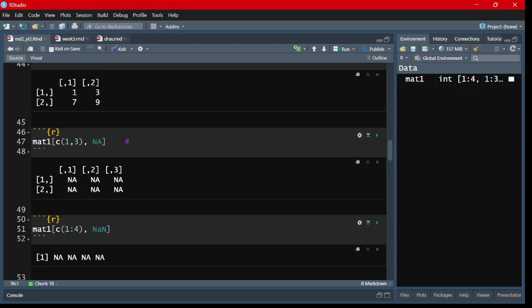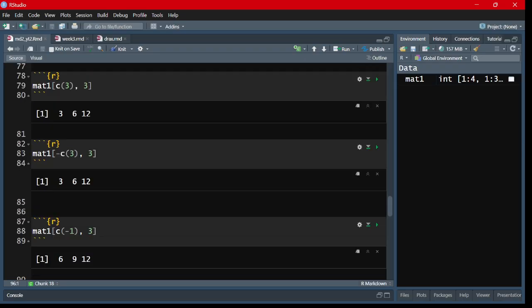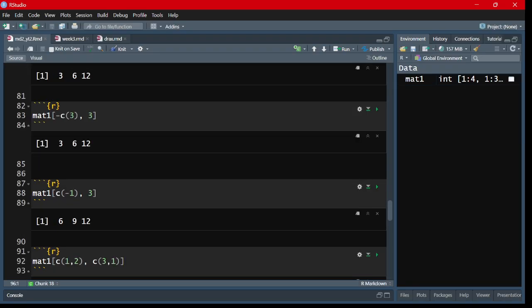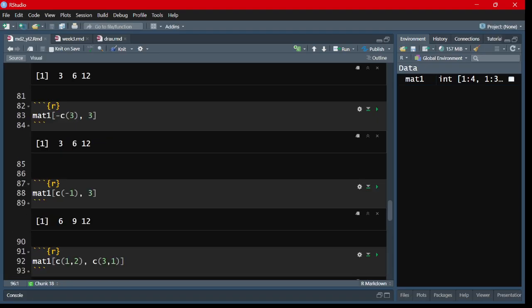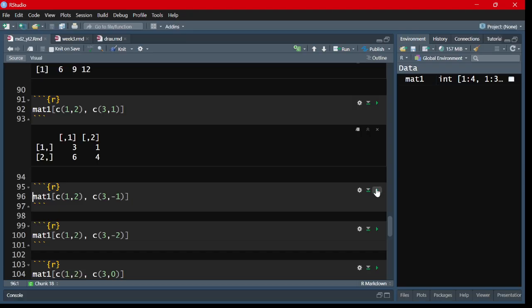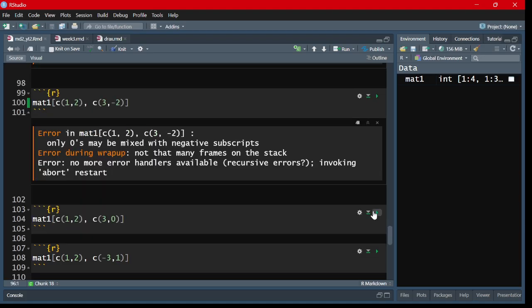So let's run it and try to figure out what the solution is. This was the previous answer. Yes, this has some problem, so in this case also we will get a problem.